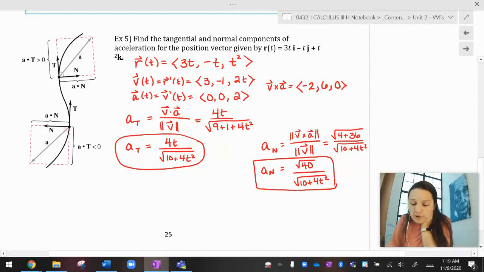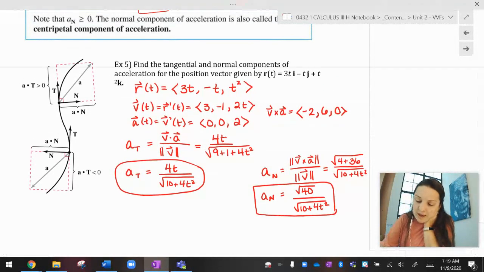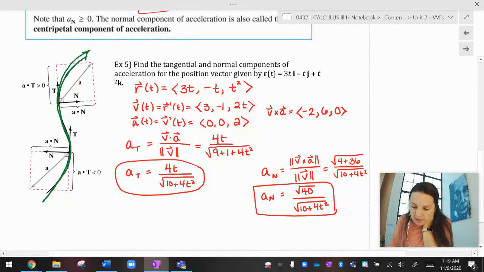Now, let's talk about the picture here for a second. So let's say I have a path, all right, and this is my path. That path doesn't have any arrows on it, but it really should, and I can tell which way they're going because my unit tangent vectors are pointing up, so I know that this goes in that direction.